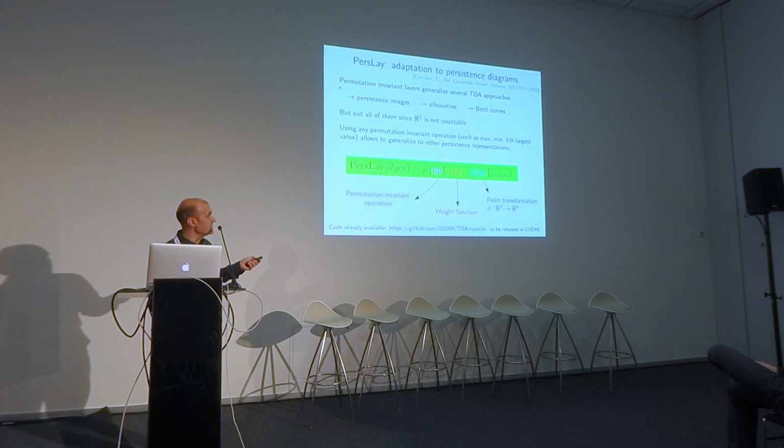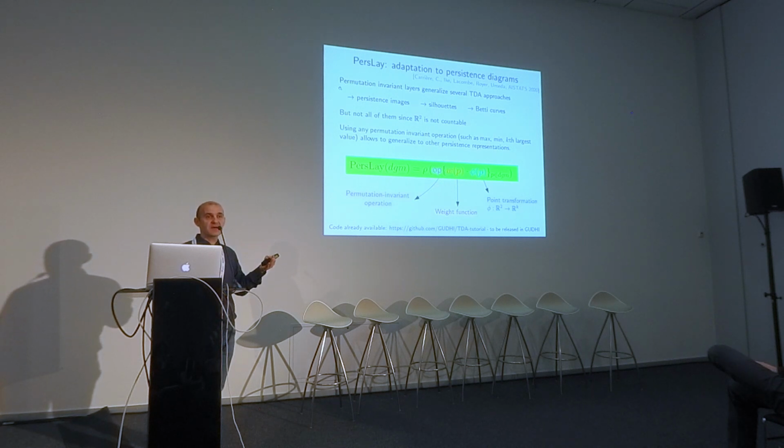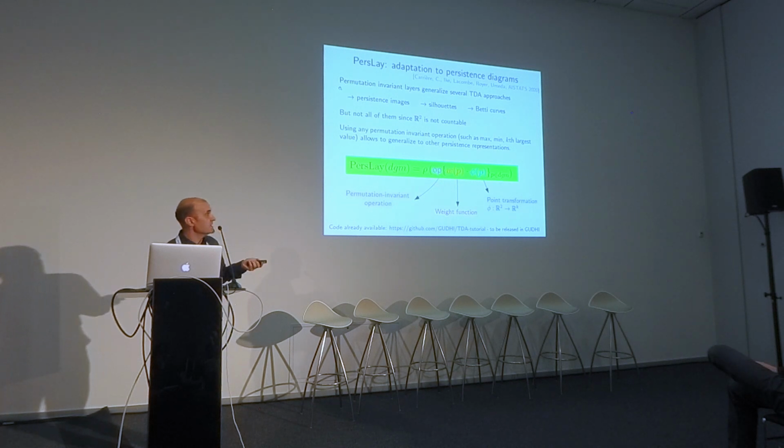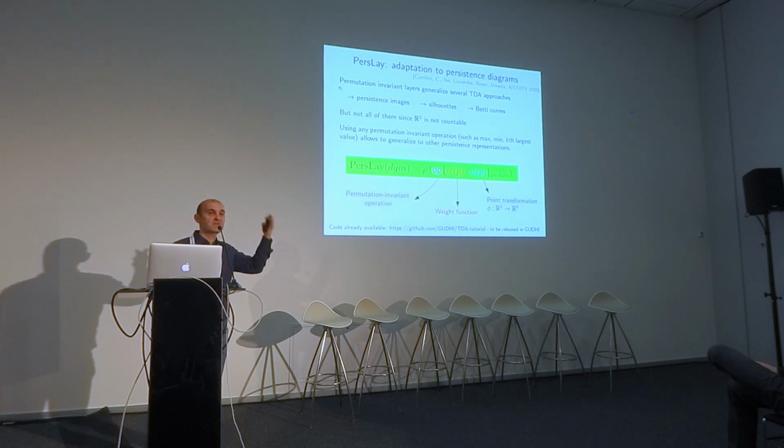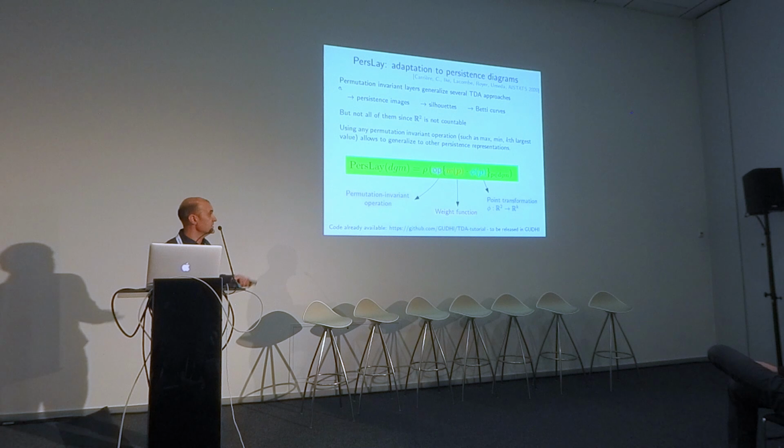You can here replace the sum to make things invariant by something else, like taking the maximum or the minimum or the largest value or something like that. All these operations make things invariant, okay? And this is what we did.